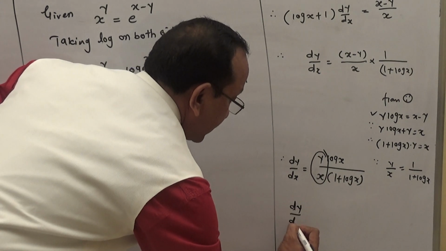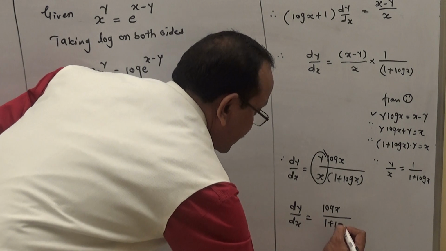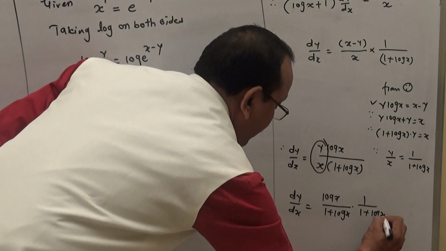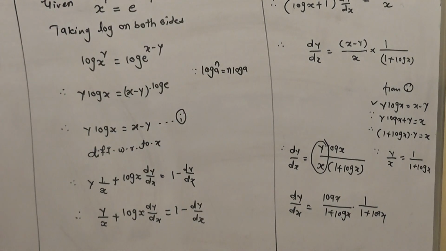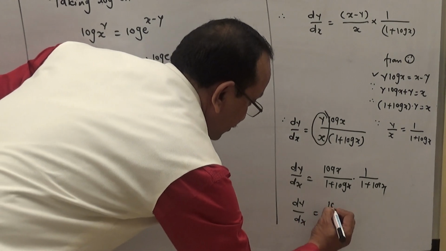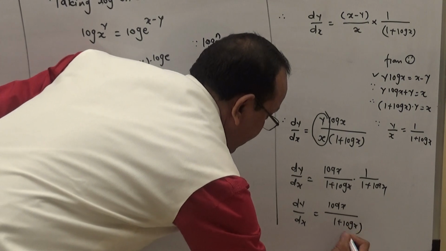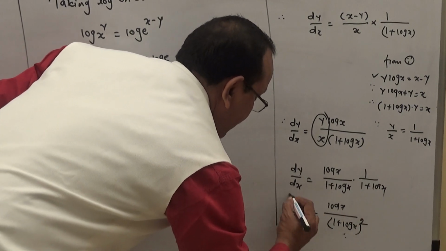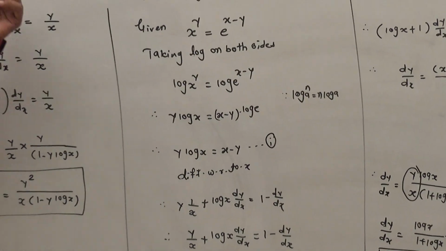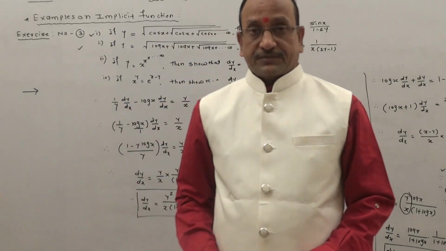So dy by dx is equal to log x upon 1 plus log of x into 1 plus log of x. So dy by dx is equal to log of x upon 1 plus log of x, bracket square, which is the required proof. So in this way we can solve this example by using implicit function. So thank you.